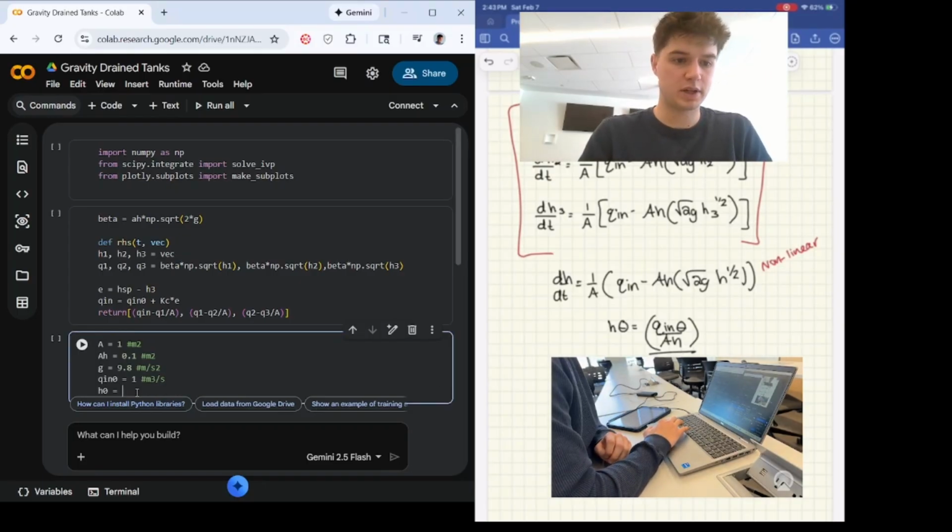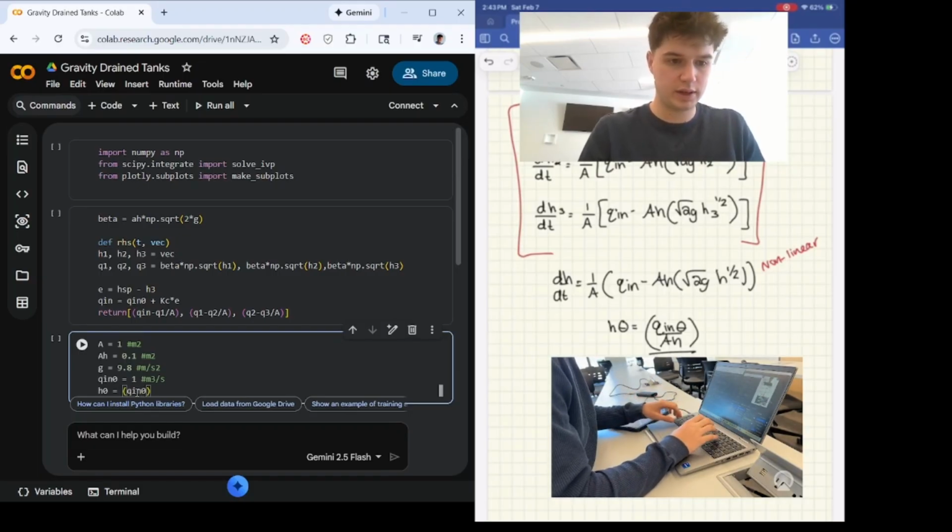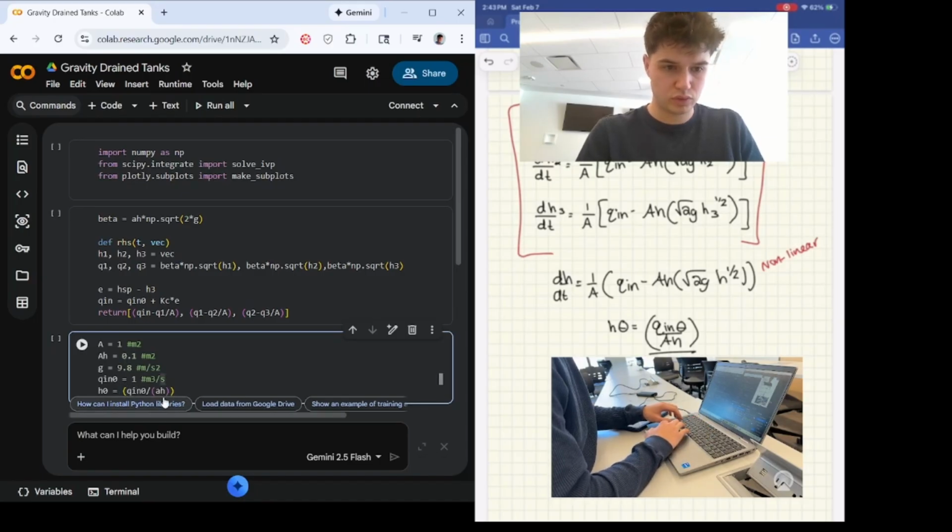So let's plug this in to Q in naught, H, and then that. That would be divided by 2G.